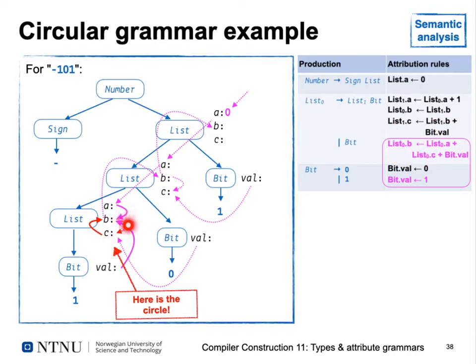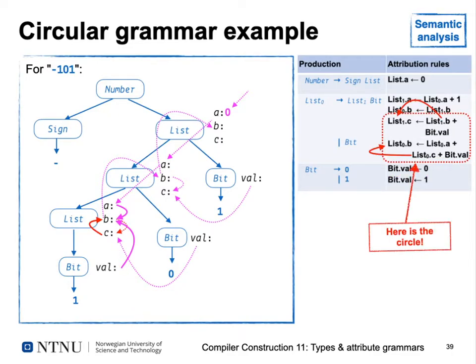Element C also depends on the value of element B. So here is a circle in our attribute graph, and if we try to evaluate this, well, we would never break this circle because we would evaluate this condition here over and over again. And of course this is problematic and we need to avoid this.